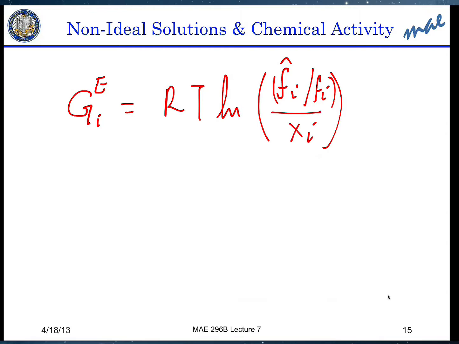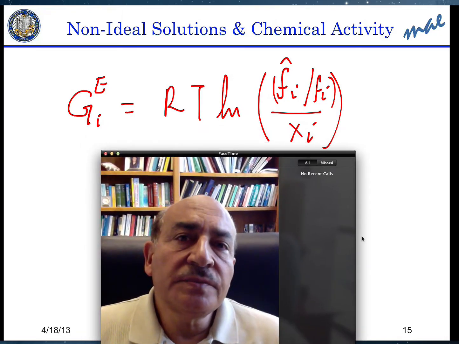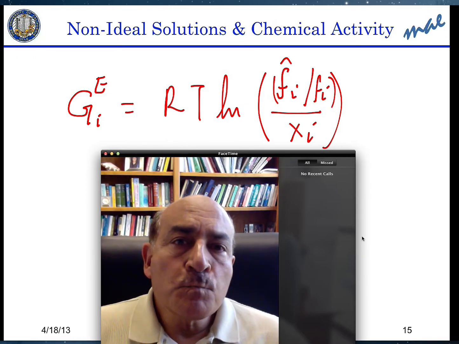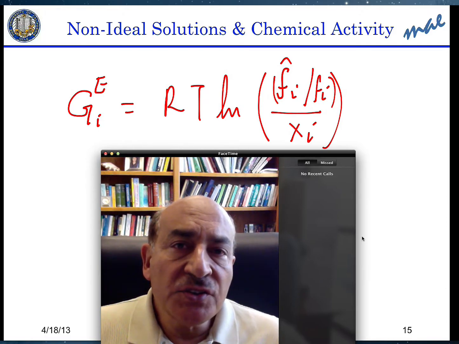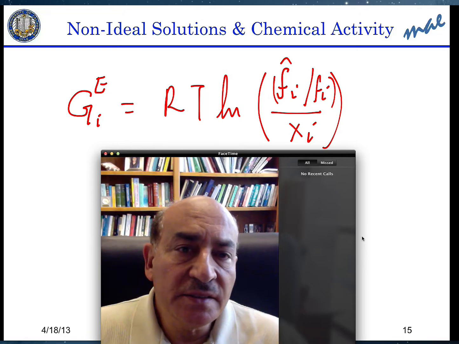Note that I wrote it in this way so that the ratio of the fugacity in solution to the fugacity of the unmixed state is normally, if it is ideal, just the fractional concentration, xi.